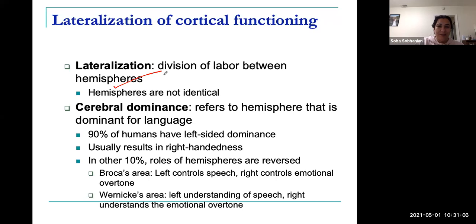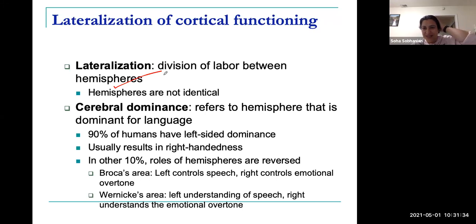So I'm going to say it one more time. If you are left-handed, your ability to create speech is done by the right side of the brain. For the majority of us, if you are right-handed, so you write with your right hand, the part of your brain that is actually helping you make your speech is the left hemisphere.